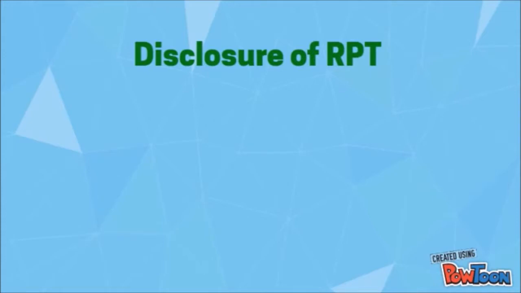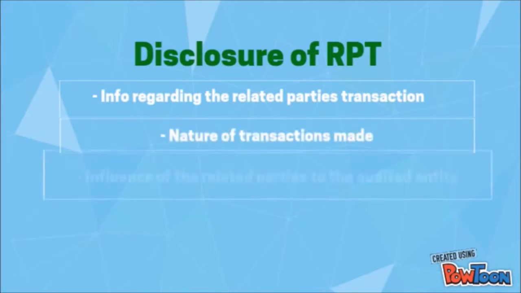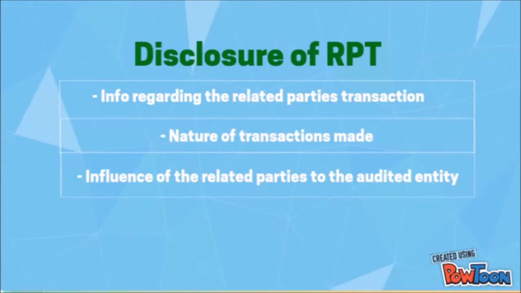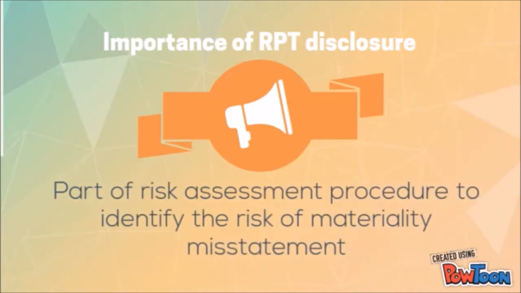Such disclosure may include information regarding the related parties, the nature of transactions, and the influence of the related parties on the firm. It is important to disclose related party transactions because it is part of the risk assessment procedure for the auditor to obtain relevant information. This is to identify the risk of material misstatement in connection with the related party relationships and transactions.